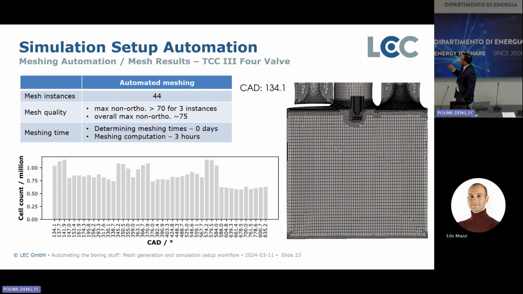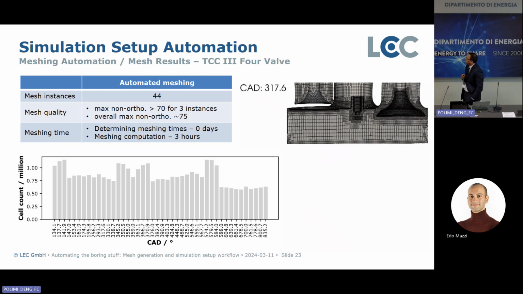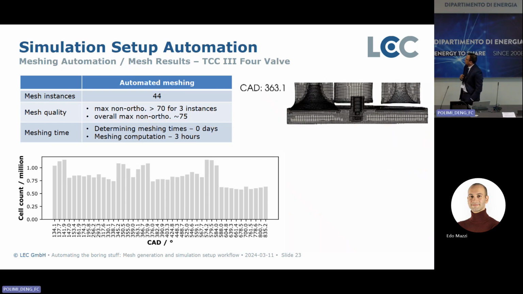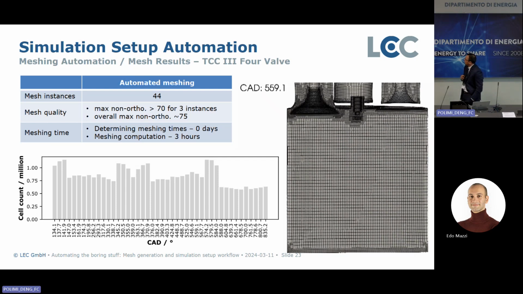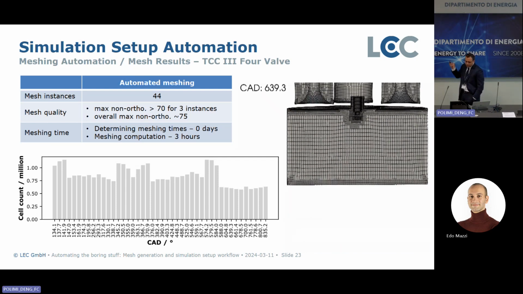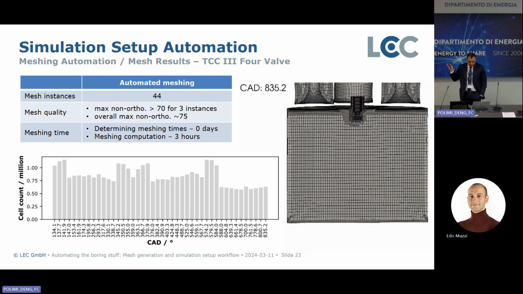I have a video with me, so I can press the play button, and you can see how the mesh looks. You can see how the refinements in the valve gap region change over time, without keeping the very fine cells at higher valve lifts, with which you can end up with a lot of cells.